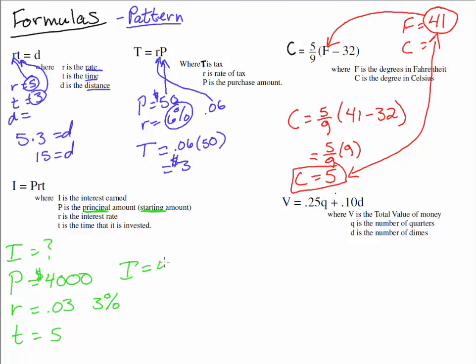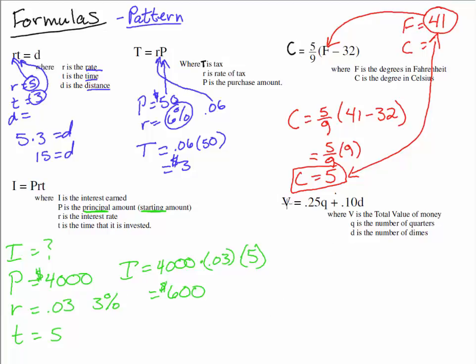I is going to be 4,000 times 0.03. That kind of looks weird having 2 dots, so I'll put parentheses around that one, times 5. And then multiply those together, and that's what we get. So that would be 4,000 times 0.03 times 5 gives you $600. You can multiply those out on a calculator or by hand. You should get $600 in interest that comes out.